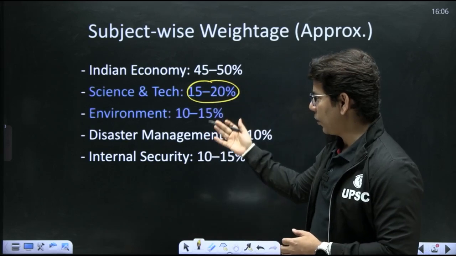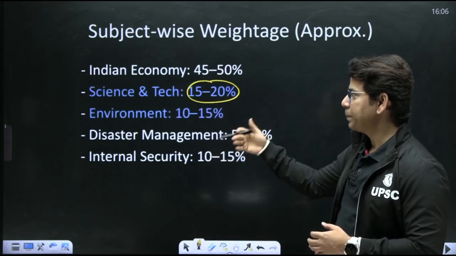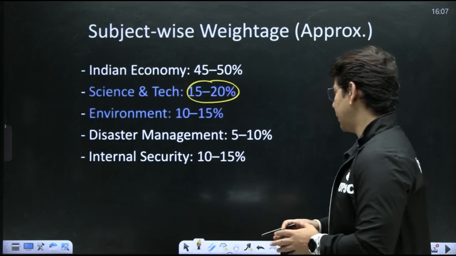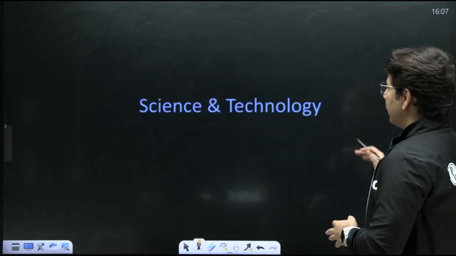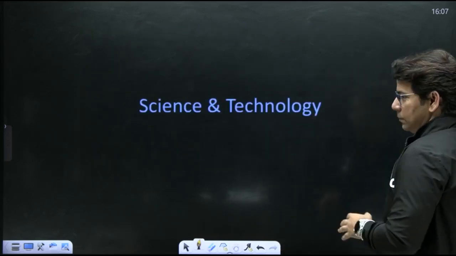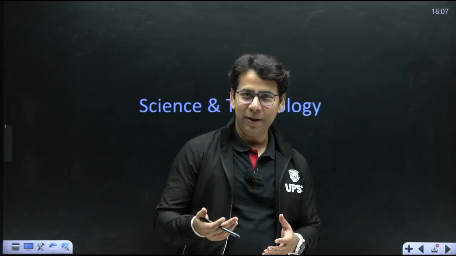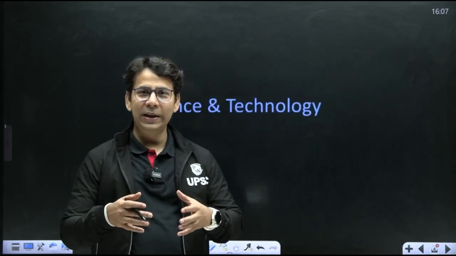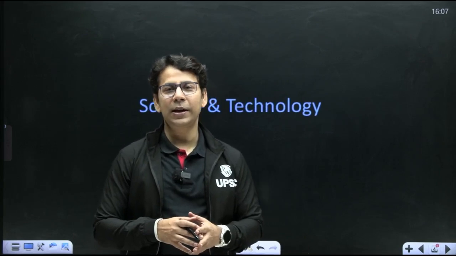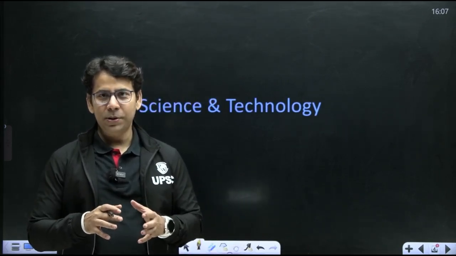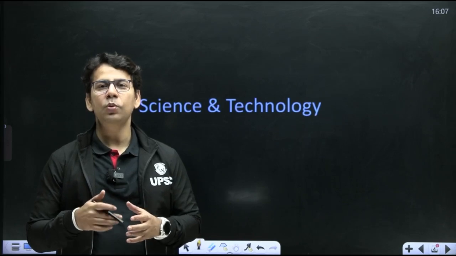The rest of the parts have already been covered by the respective faculty, and they will give some input about it. Science and technology is a little tricky area because it is heavily linked with current developments, and the syllabus also mentions some chapters and topics that you have to go through.